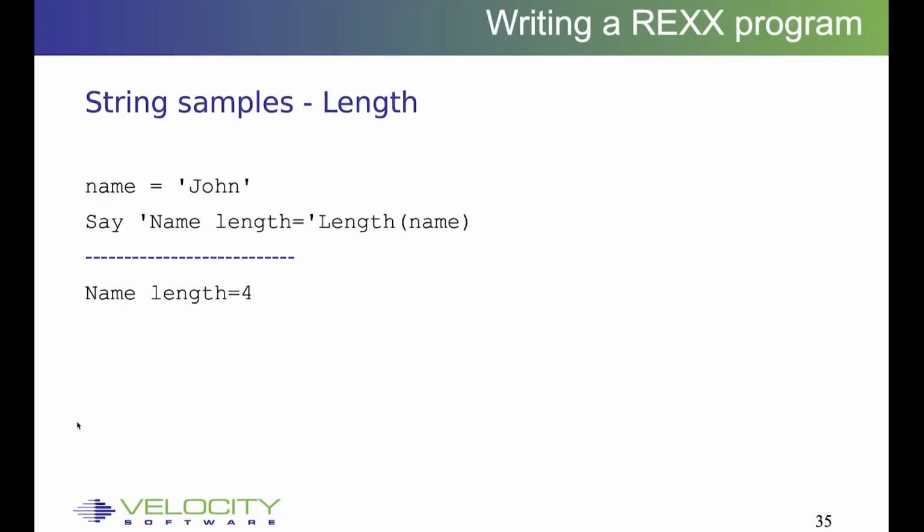So for length, we have a variable called name. Name is assigned to the literal John, and we're going to display a literal name length and use the length function to return the length of name. And the name length will be 4 because there are 4 characters in John.